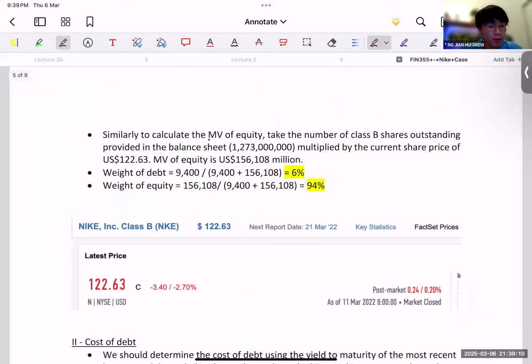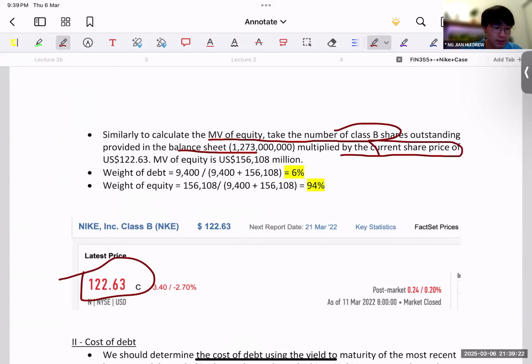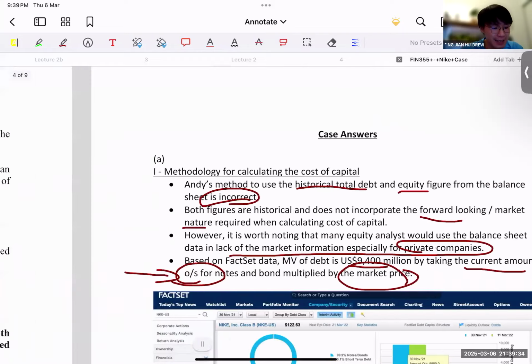Similarly, for market value of equity, we take the number of Class B shares outstanding, which is on the balance sheet, multiplied by the current share price. This is the current share price here. And so the weight of debt and weight of equity is given by 6% and 94%. I hope you can see that immediately.